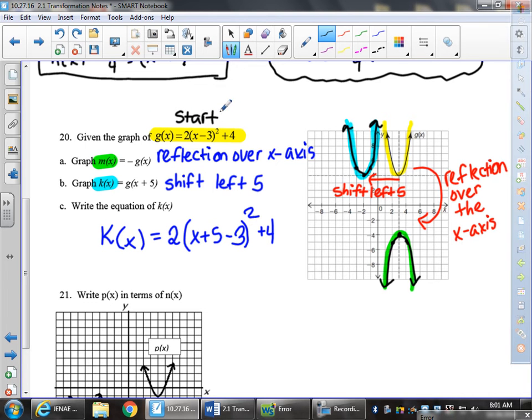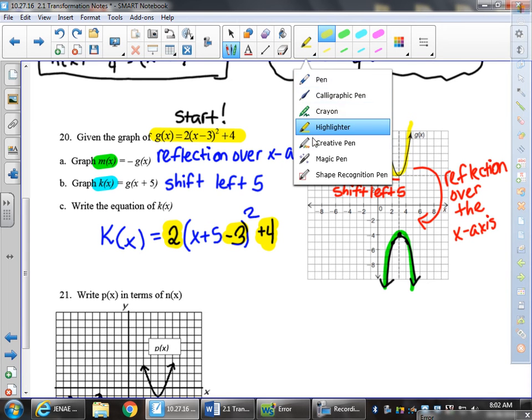So if you want to take your starting color, let's identify the pieces that came from the start. What pieces came from the start? 2. 2. Negative 3. So notice when we're writing k of x, this is our start. What's the only piece we are adding? 5.